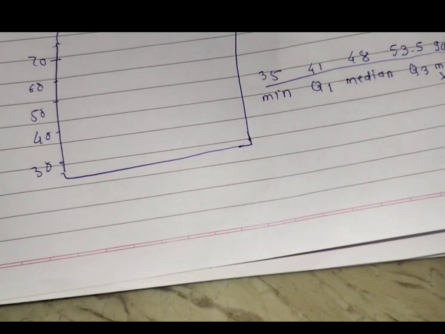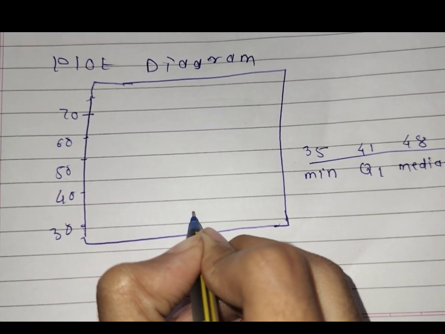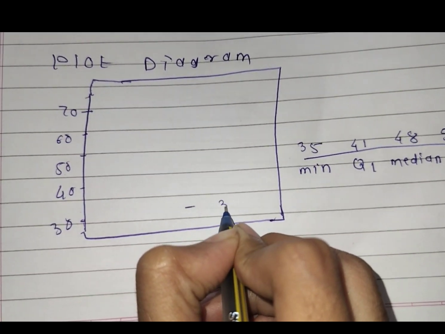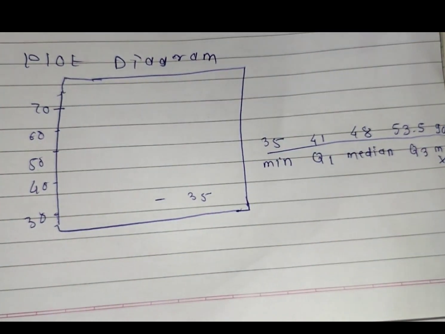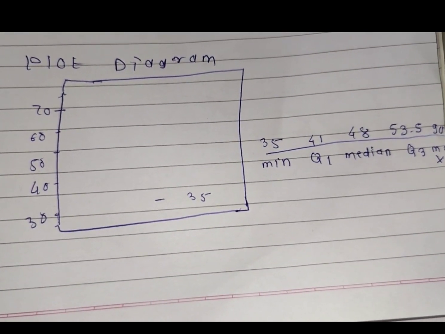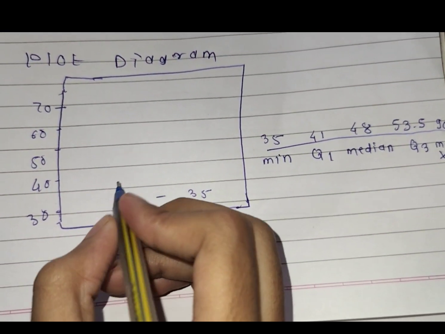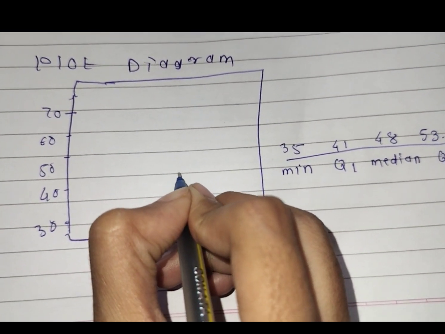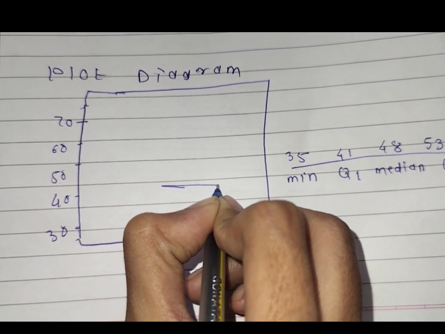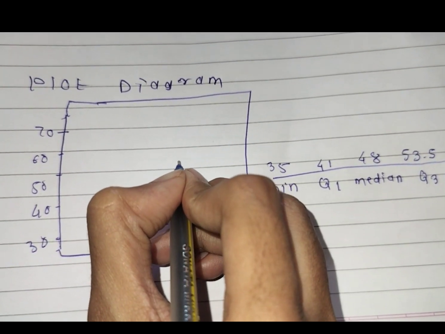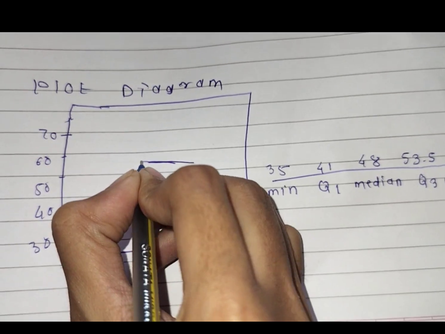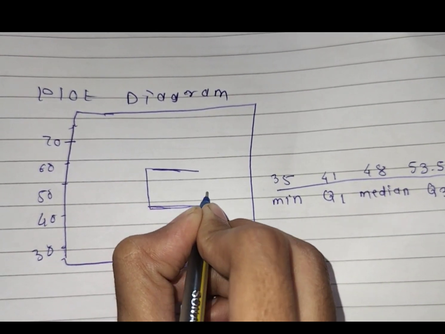So first we will check min. Min is 35. So here will be our 35. Q1 starts from 41. So here will be our 41. Then Q3 is 53.5. So here will be our Q3. We will draw a box here.